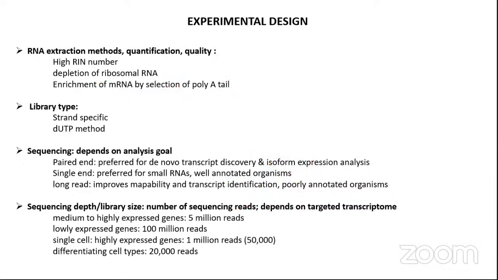Then the library is strand specific. Are we preparing the library strand specific, whether it is 5' to 3' or 3' to 5'? This is very specific. If we have the gene information, which strand it codes for, we can decide on strand specific.